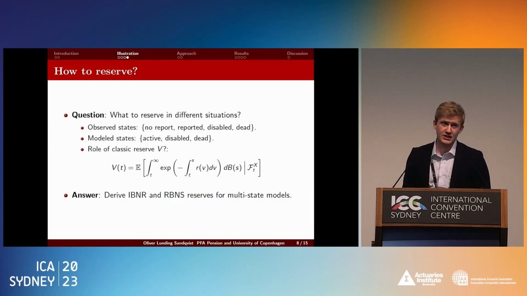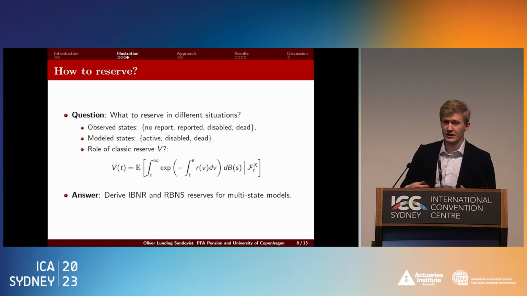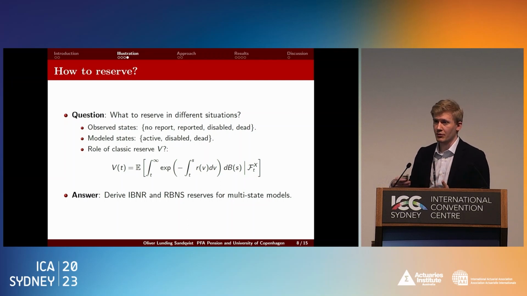So the central question is now, what should we actually reserve when we are in these different situations? Because we have some observed states here, that there is no report and that there is a reported disability and so on. And these differ from the usual model states in our multi-state models, namely that a person is active or disabled or dead.